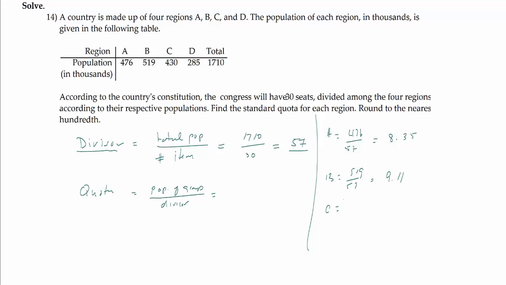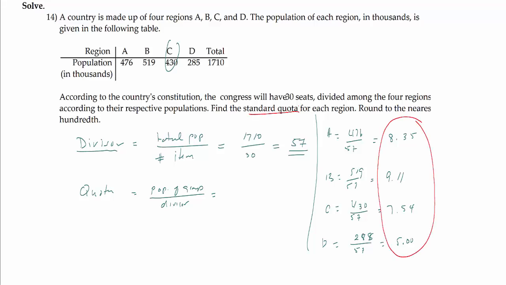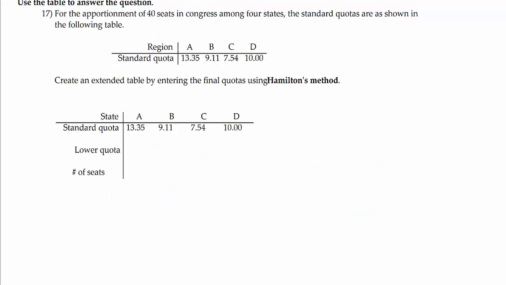Group C, same thing, with a population of 430: group population divided by my divisor gives 7.54. And lastly for D, I take 285 divided by 57 and get 5.00. These values are my standard quotas. Later on we'll talk about rounding them down and up.